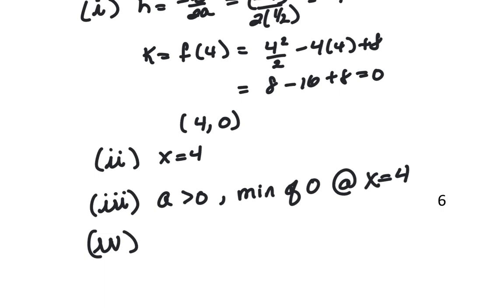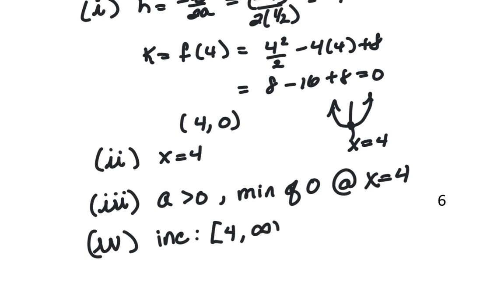Now I believe they want intervals of increasing, decreasing. We know that this graph is going to look like this. So at this vertex is the location it's going to go from decreasing to increasing. Remember this is x is equal to 4. My intervals of increasing are going to be from the value of 4, these are the x values, 4 to infinity.